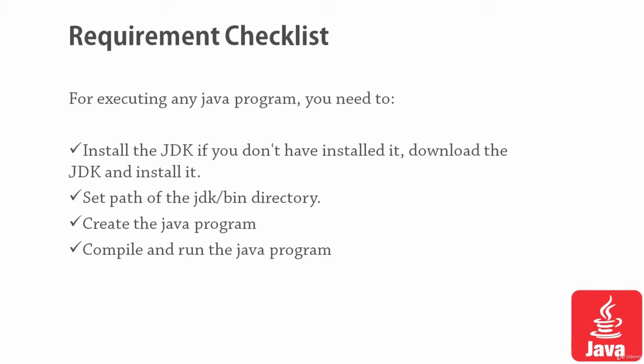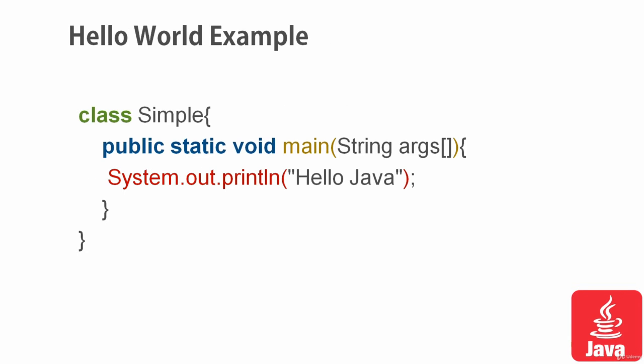In this lecture, we are going to write a simple Hello World program, the first example for any beginner, and compile and run it. So here is a simple program. Suppose we want to print a string or message on the screen, say hello Java, hello world, hi, namaste. We can print it by writing this simple syntax.